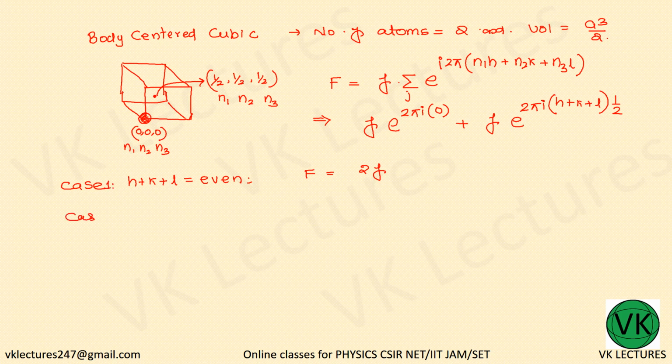And case 2 is when h plus k plus l value is odd. If it is odd, then we get e to the power i pi, which will be equal to minus 1, so F will be equal to 0.